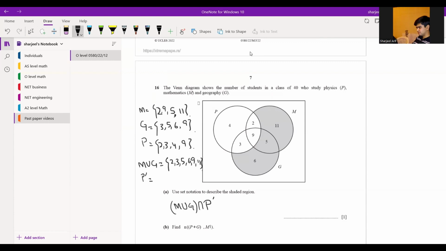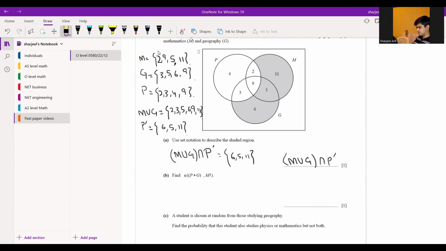And P complement will be 6, 5, and 11. So we just need to write it in set notation. If we write it as we have mentioned in the answer, this will become M union G intersection P complement. That would be 6, 5, and 11. So our answer is correct, and we will write it here.